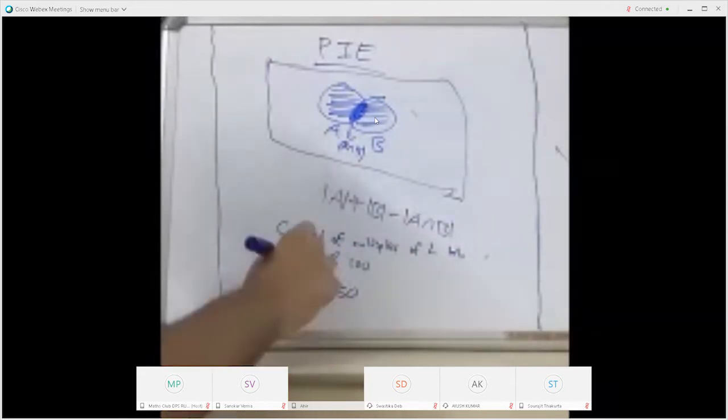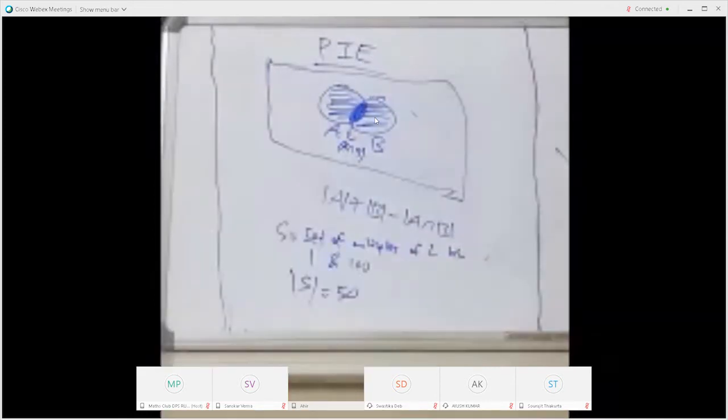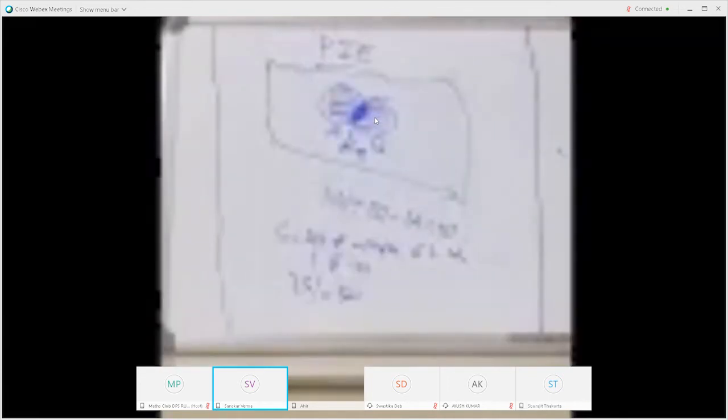So this mod represents the number of elements in the set. I asked what are elements? Multiples of 2. Yes, multiples of 2.